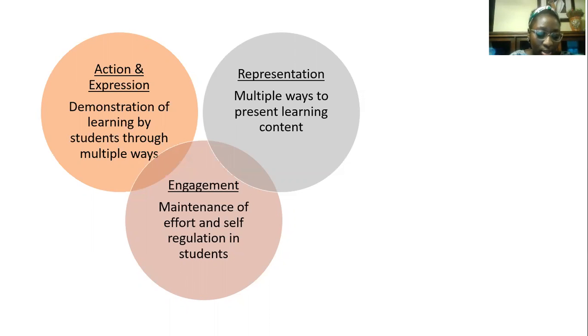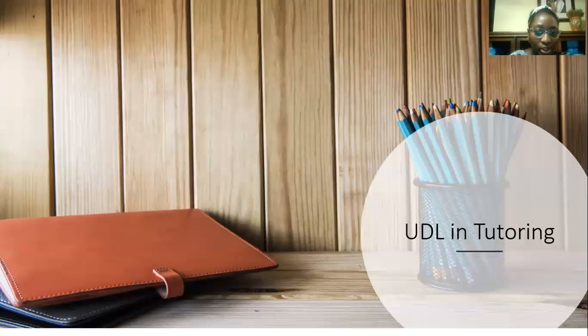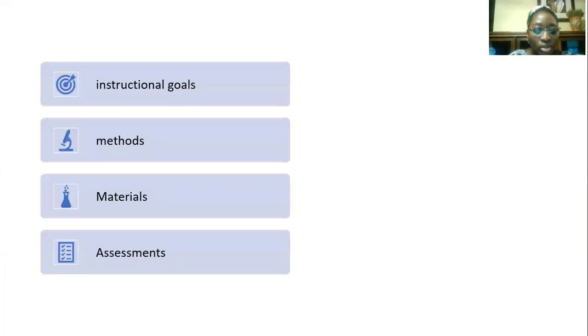Now that the theoretical part of universal design for learning is clear, let's move on to how to implement it, which is UDL in tutoring. So the goal of UDL is to use a variety of teaching methods to remove any barriers to learning and give all students equal opportunities to succeed.